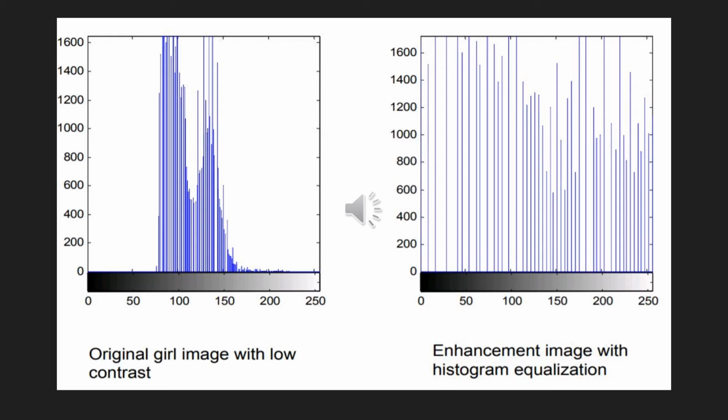On the left hand side, we can see the histogram for the original image, and on the right hand side, we can see the histogram for the image that has had some kind of transformation applied so as to increase its contrast. This particular histogram on the right has been derived after applying a common technique called histogram equalization, which we'll talk about in later slides.